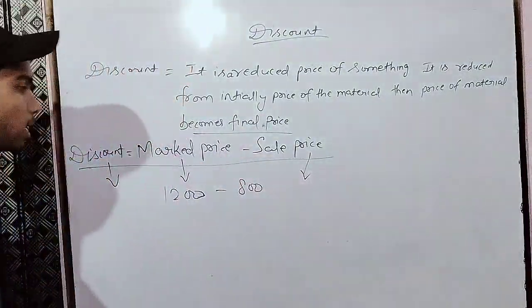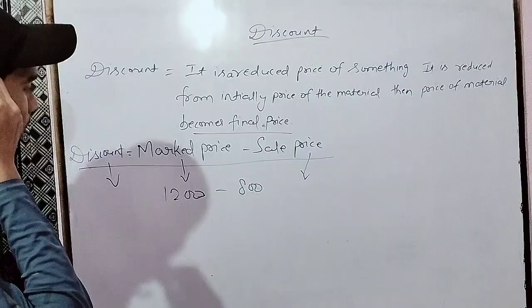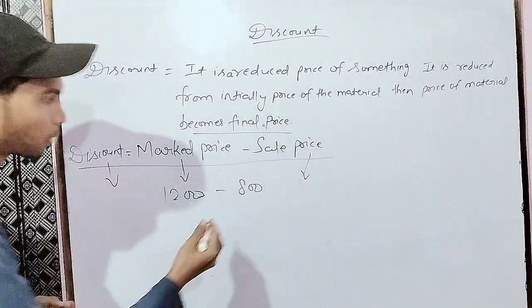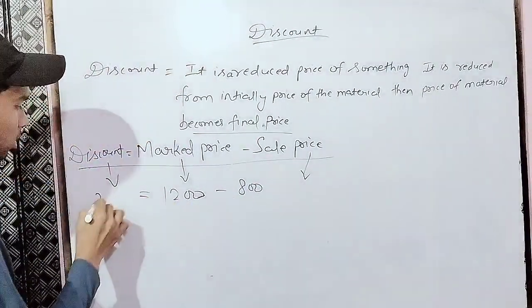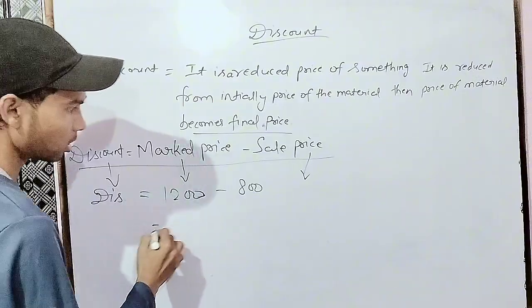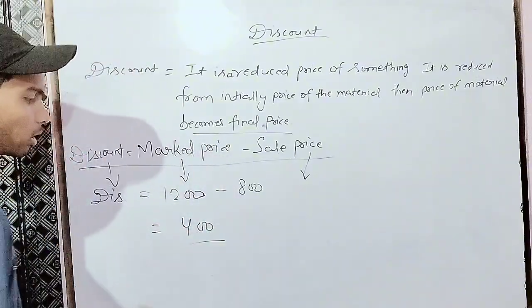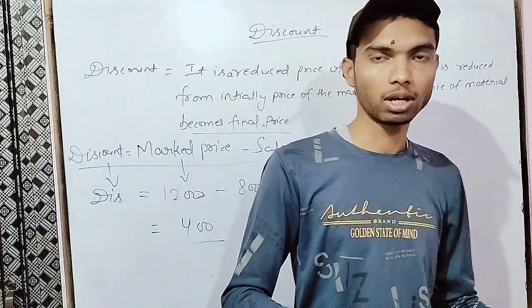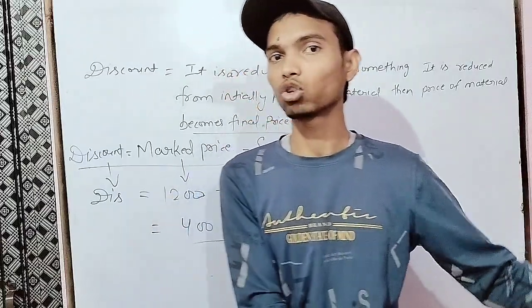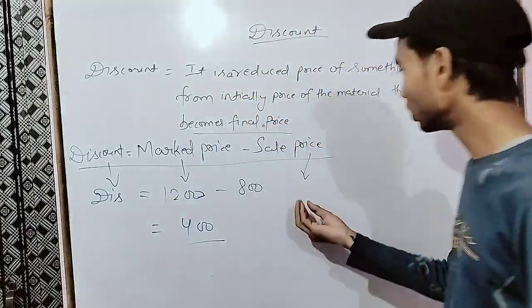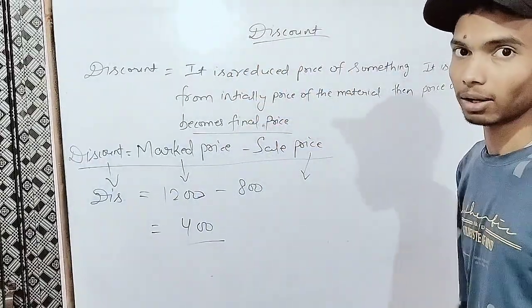So a discount was applied by the shopkeeper. How much? You would say 400. 400 is the discount which was reduced by the shopkeeper, and then we got it at 800.